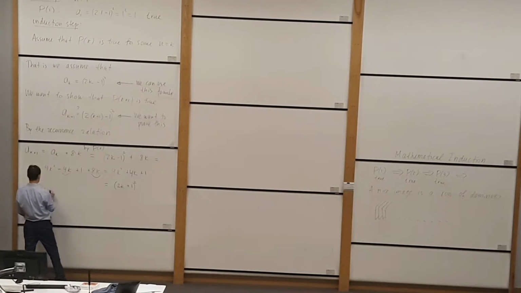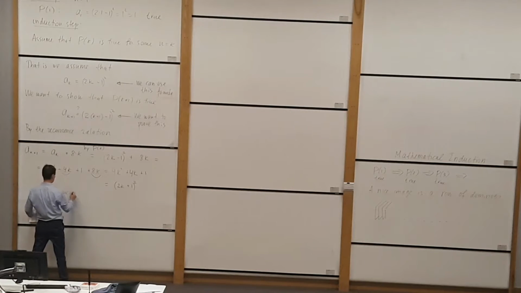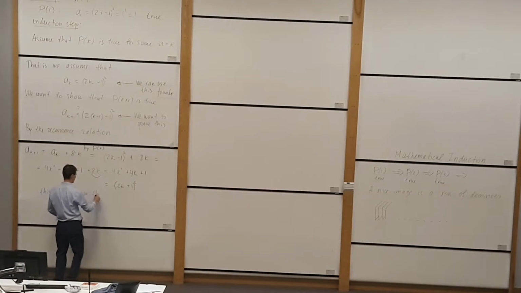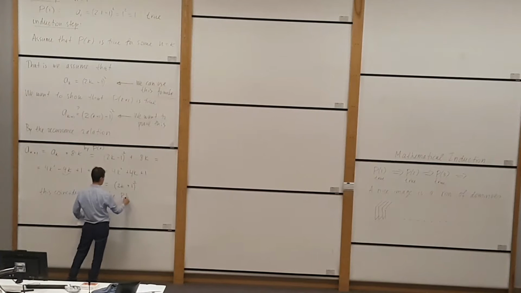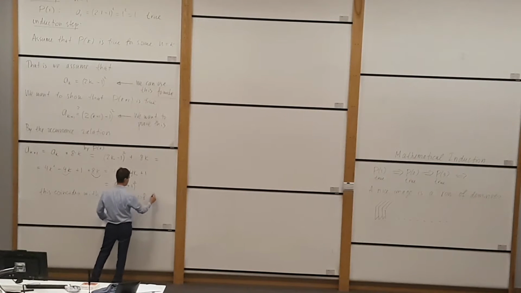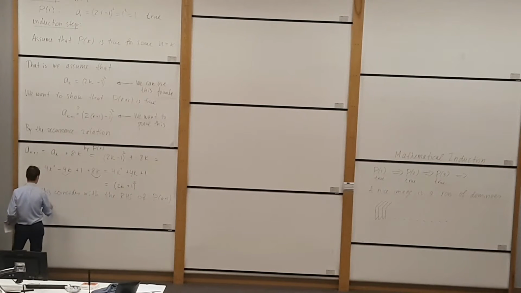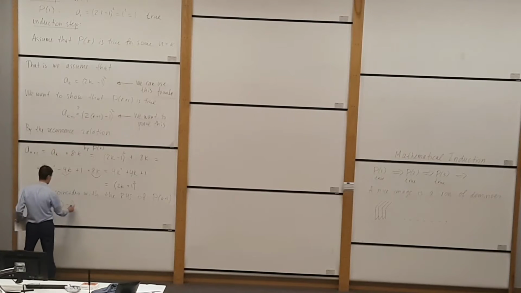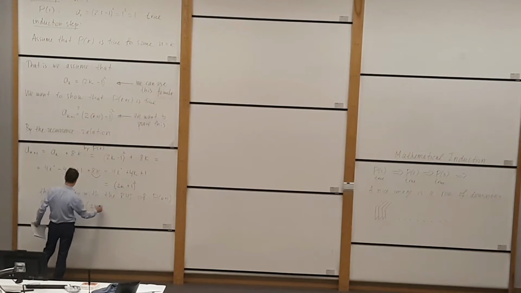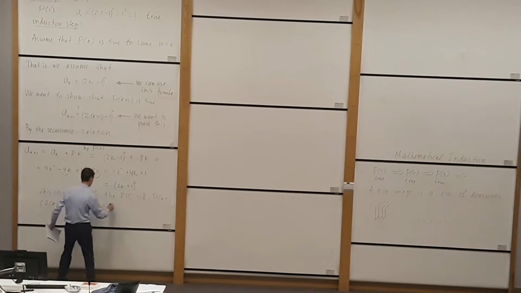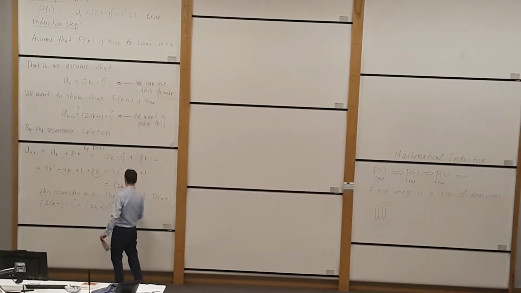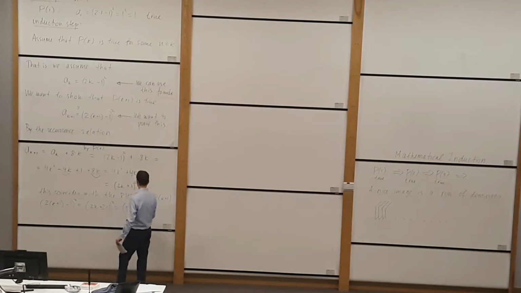And so this coincides with the right-hand side of P of k plus 1, which is 2k plus 1 minus 1 squared. Because if we expand this internal set of brackets, that gives us 2k plus 2 minus 1 squared, and that's the same as 2k plus 1 squared.